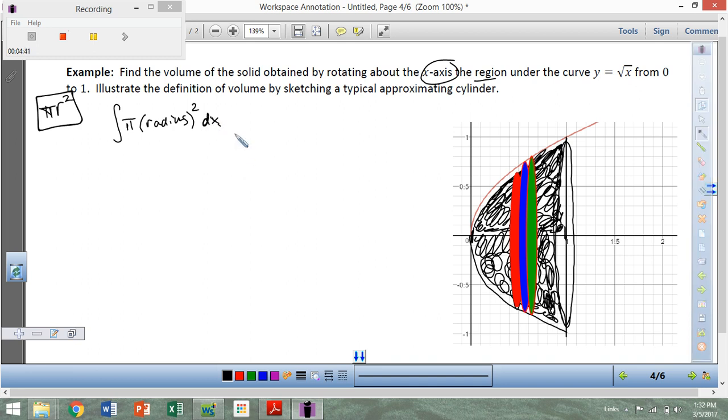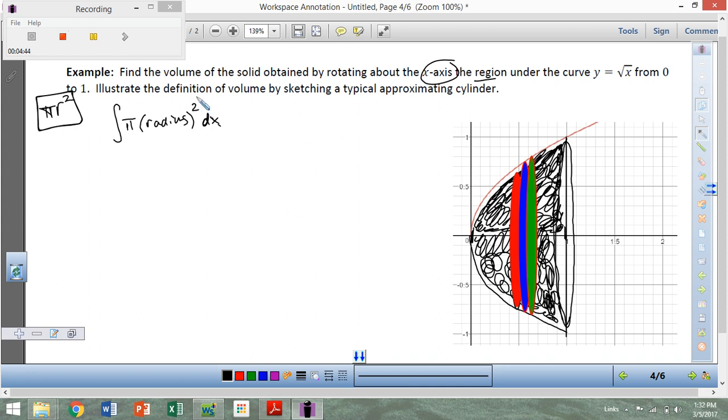Now the dx is the thickness of each one of these circles, so they have to have a little bit of thickness to them, but I want to think of them as being really thin. I can think of it as adding up these very, very thin cylinders, where the width is minimal and I don't need to worry about it.